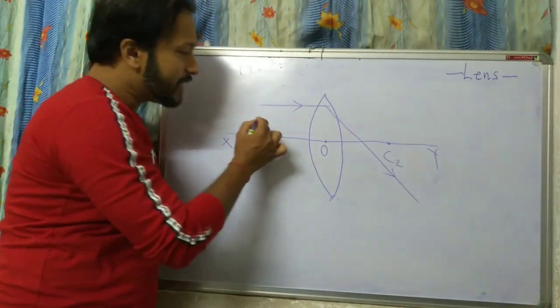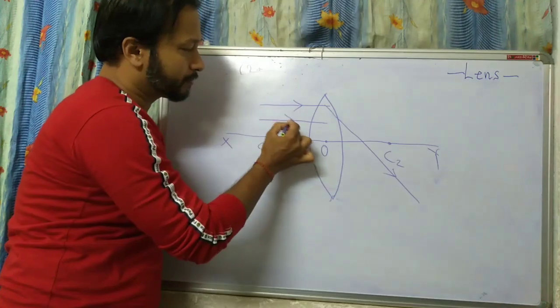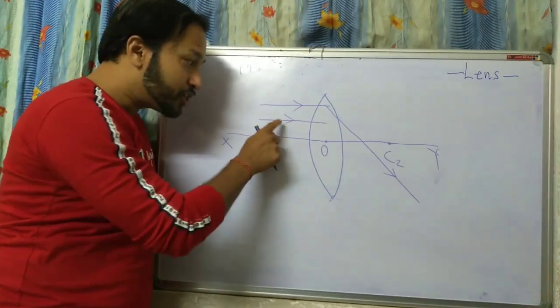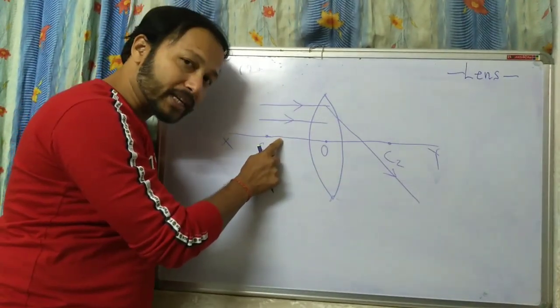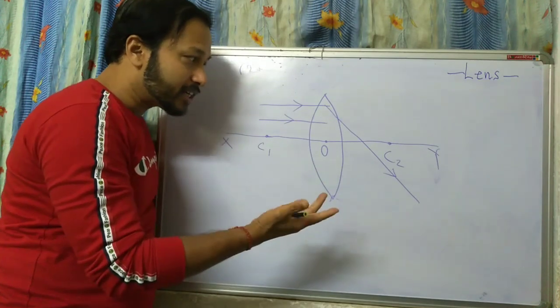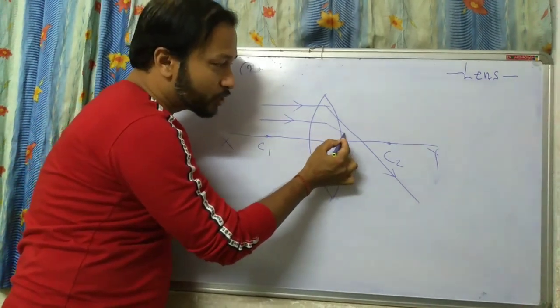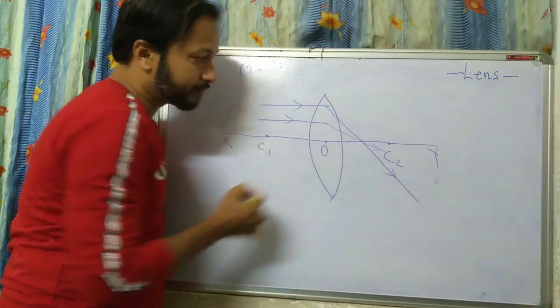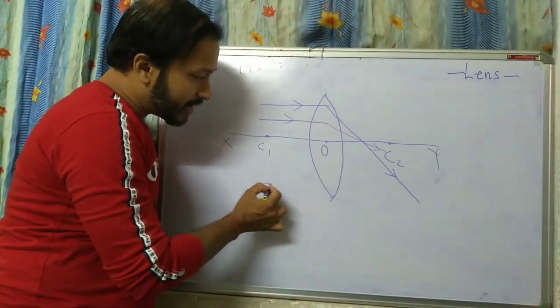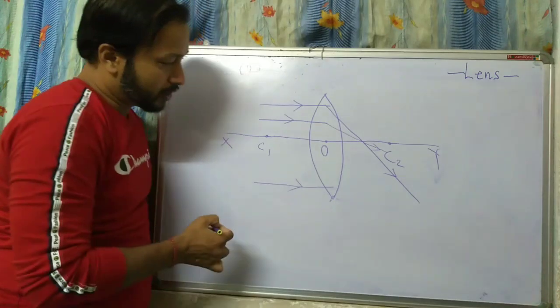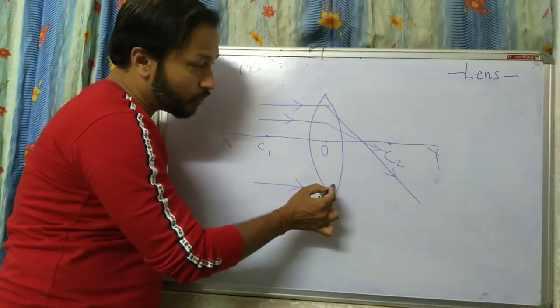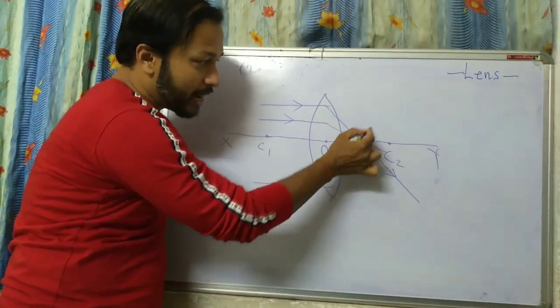Say I am taking another ray which is also parallel to this principal axis. Then you will see that after crossing the lens, again it is passing through the same point. If you send a ray from here, then this one is also passing through the same point.